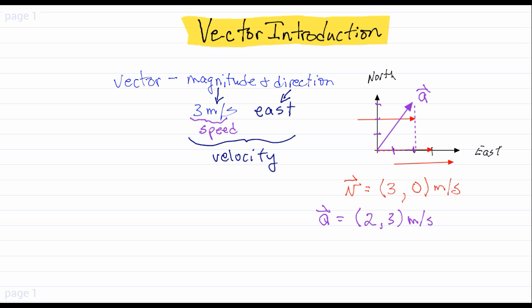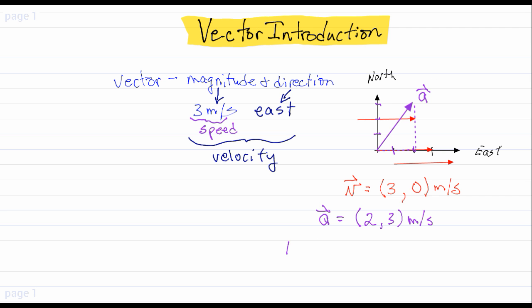Now, if you specify a vector in this way, how do you find the magnitude of this vector? Well, the magnitude is just the length of this vector. And if you notice, this is a right triangle, this purple triangle here, and we can use Pythagoras' theorem to find the magnitude. And the way we write the magnitude, there's a couple of ways.